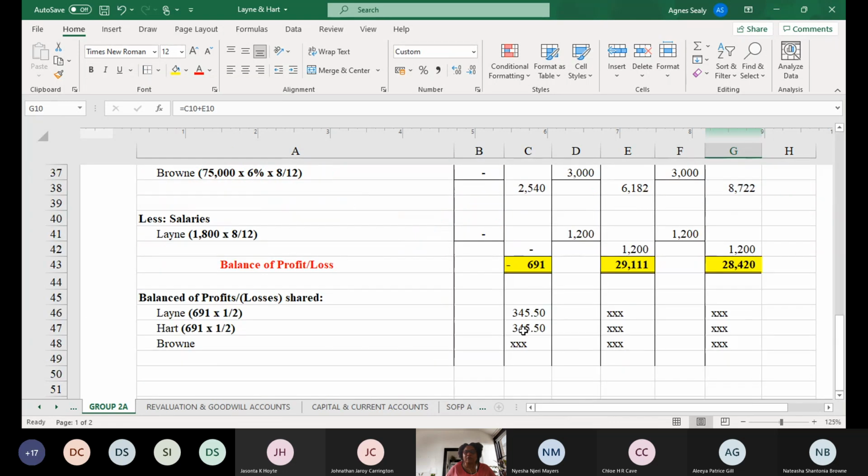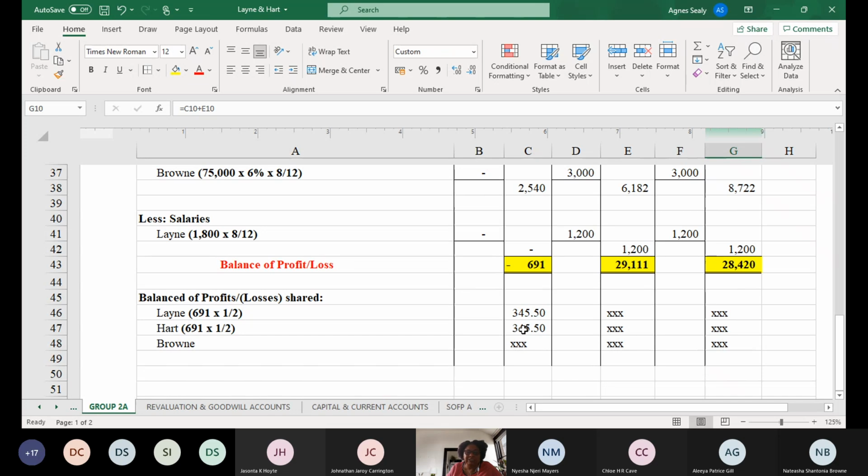And if you put 346 here, when you add 346, it's not going to come back to this 691. So whatever you share here has to come back to this 691. So what if you round it, what you will have to do is to give one person 346 and the other person 345.